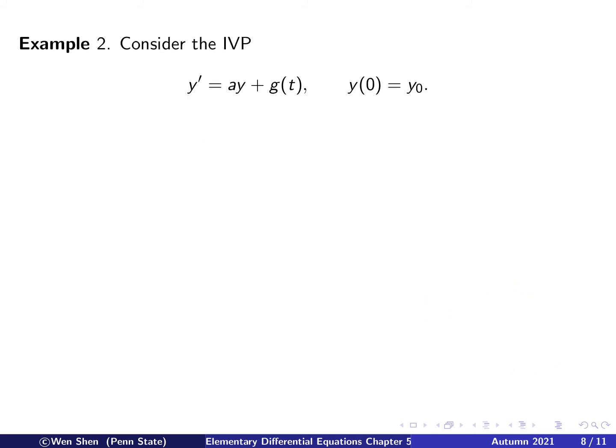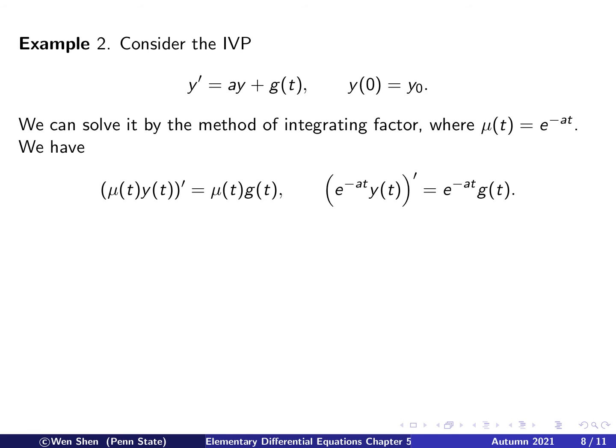So let's take another example of applying it to an initial value problem. Let's say we have a problem, y prime equals ay plus g of t, where a is a constant. The initial condition is y of 0 equals y0. We know that this is a first order linear equation.